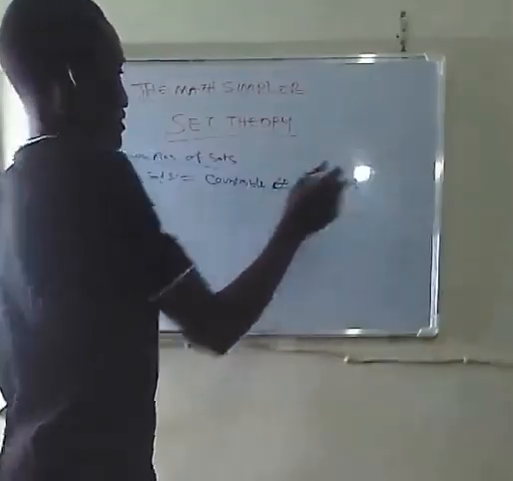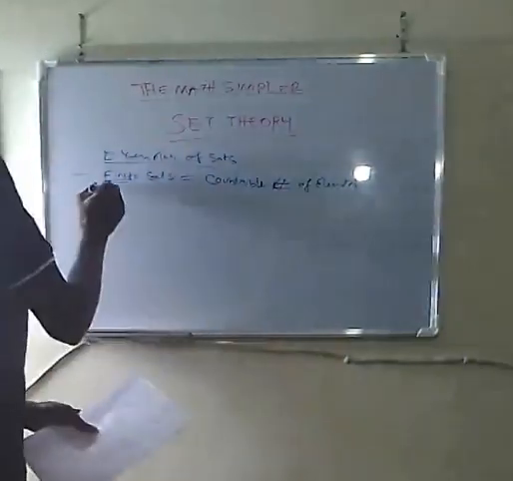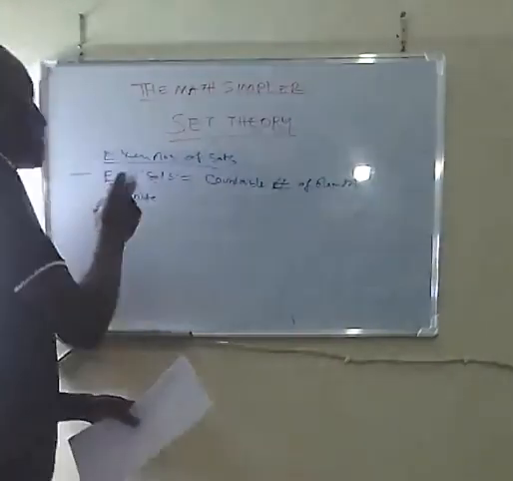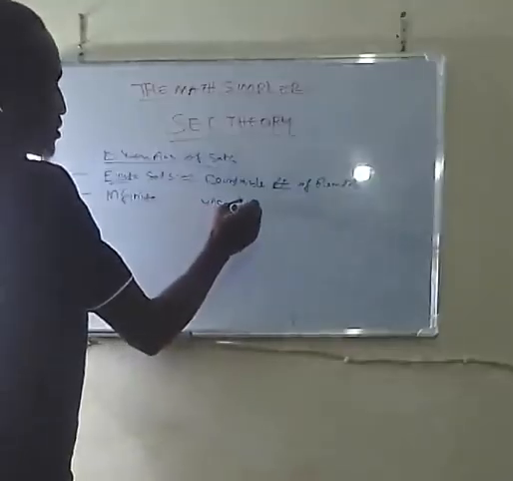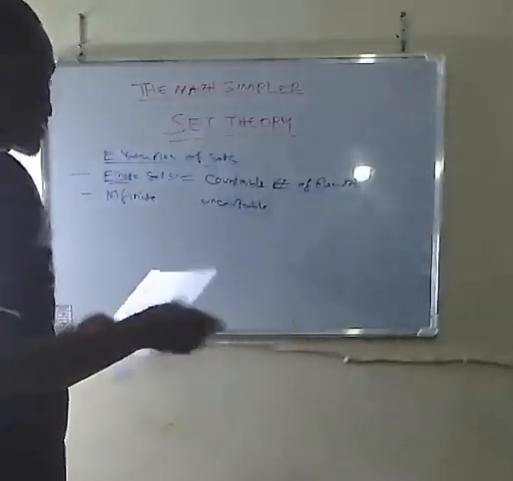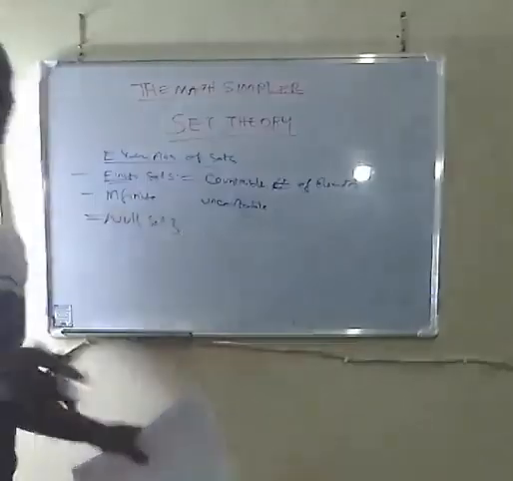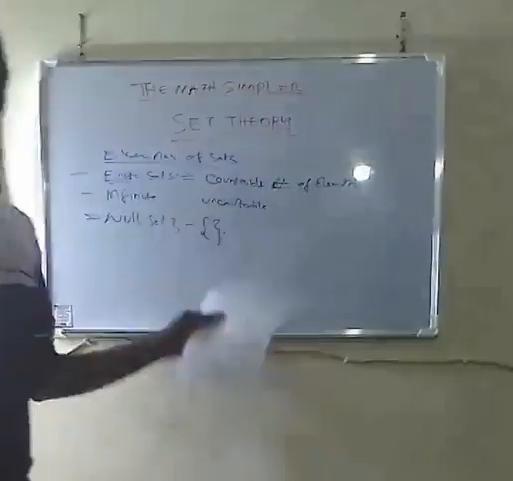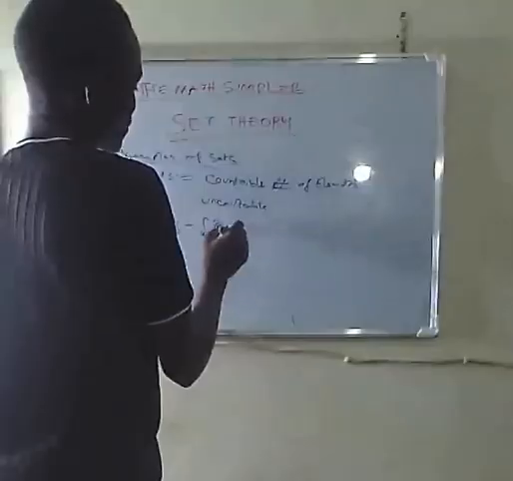Finite and infinite are the opposite of each other. Infinite is uncountable. Then we have null sets. A null set is just an empty set, a set with no element inside. And this empty set is always a subset of all sets.